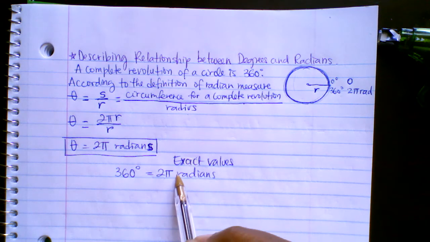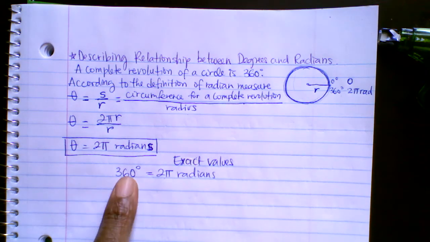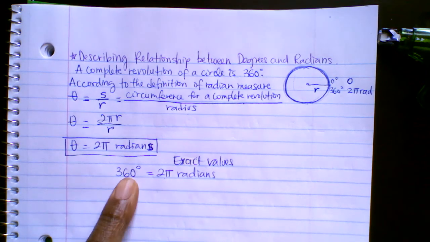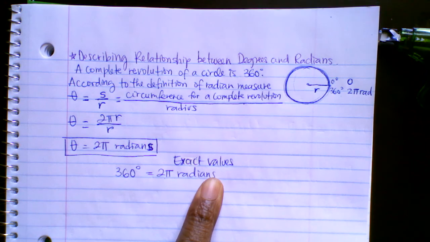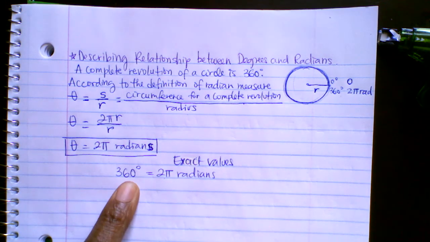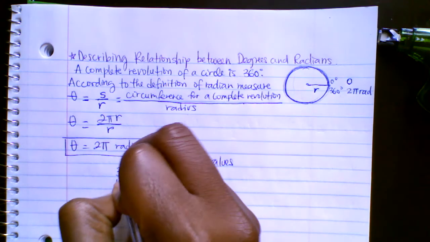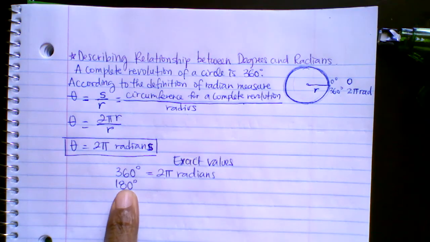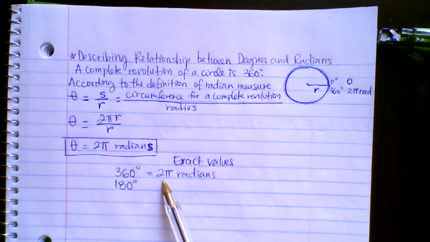Okay, so let's continue. We see the relationship between degrees and radians. So 360 degrees is equivalent to 2 pi radians, and 2 pi radians is equivalent to 360 degrees. Now if I want to find out half, the equivalent for 180 degrees in radians, I have to divide 2 pi.